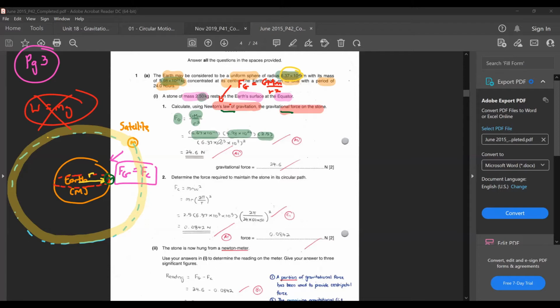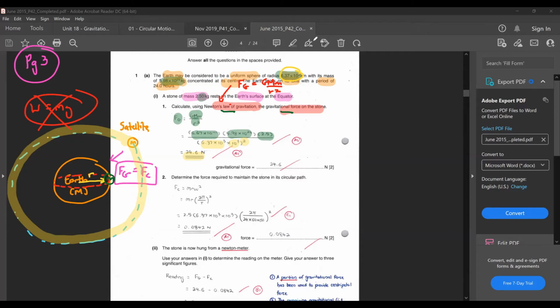So it's 6.37 times 10 power 3 times 10 power 3 again, because you want to change to meter, and then square it. You're going to get the answer 24.6 Newton. Okay, so this is the gravitational force acting on the stone right now.